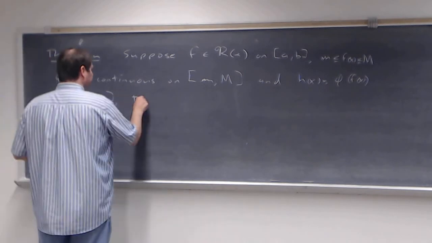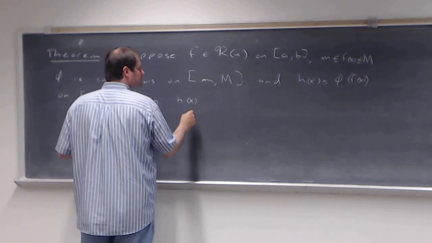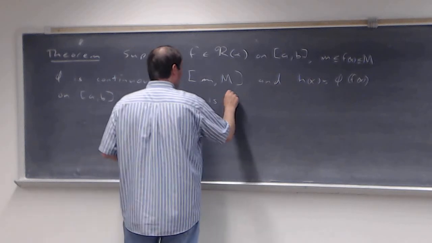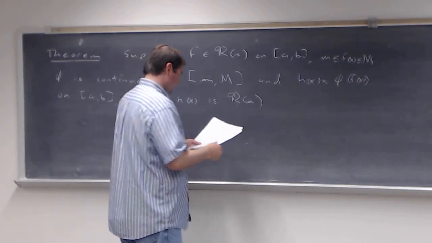And then what's said is that h of x is a Riemann-Stieltjes integrable function on a to b.